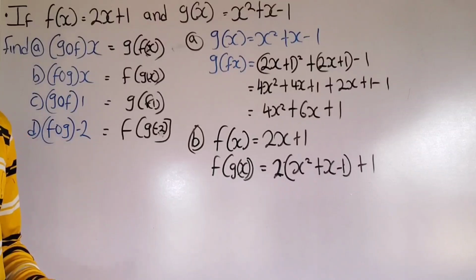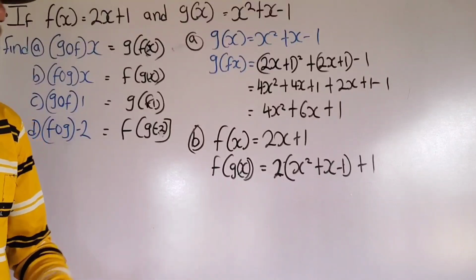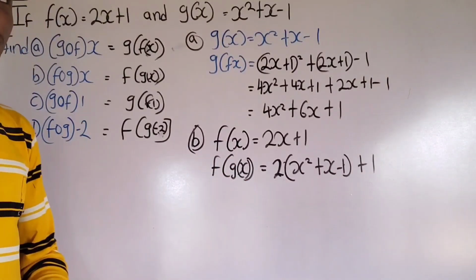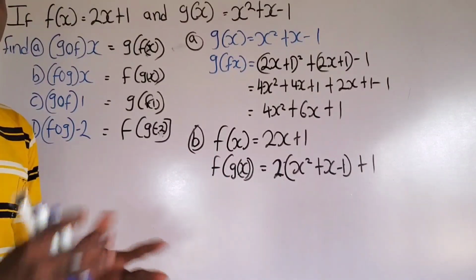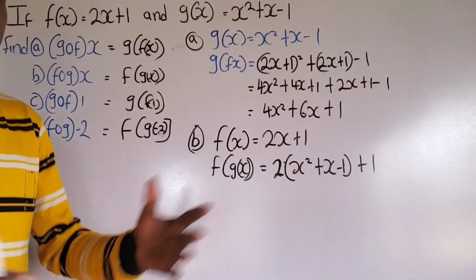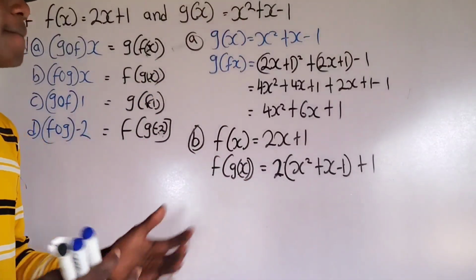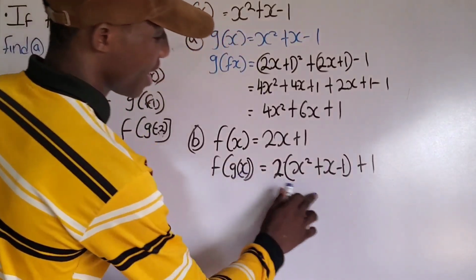When I started the first example, I gave you something like f of 0, f of 1. Now we have f of g of x. I'm going to replace, anywhere I see x in f of x, with g of x. And don't forget that g of x has been given as x squared plus x minus 1. That's how I arrive at this place.